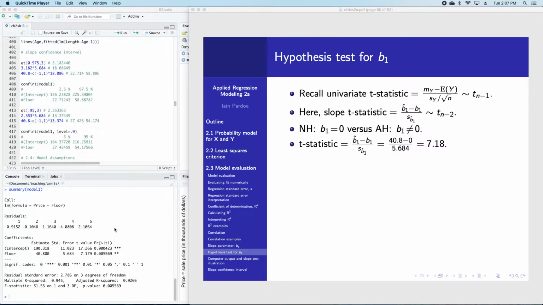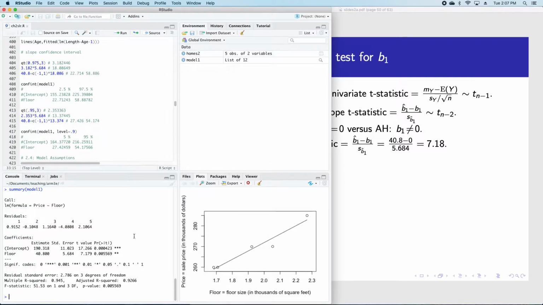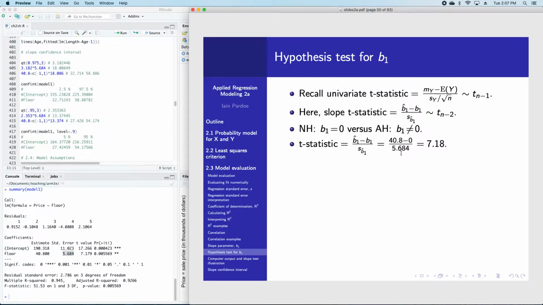Well, if we look back at our R output in our coefficients table here, there's a lot of information, but the numbers that I'm interested in are the slope estimate, 40.8, b1 hat, and here's the standard error of that slope, 5.684. That's S b1 hat. And if I calculate this out, I get 7.18.